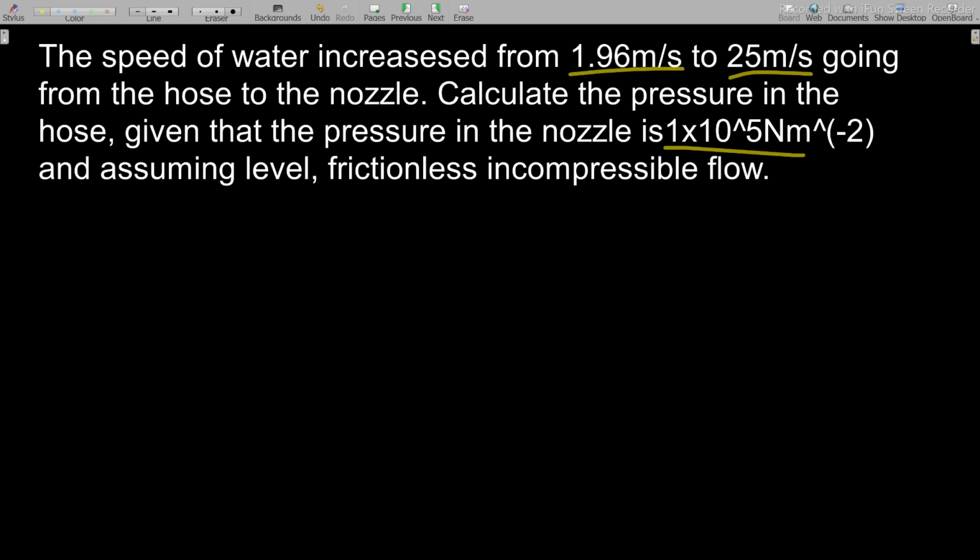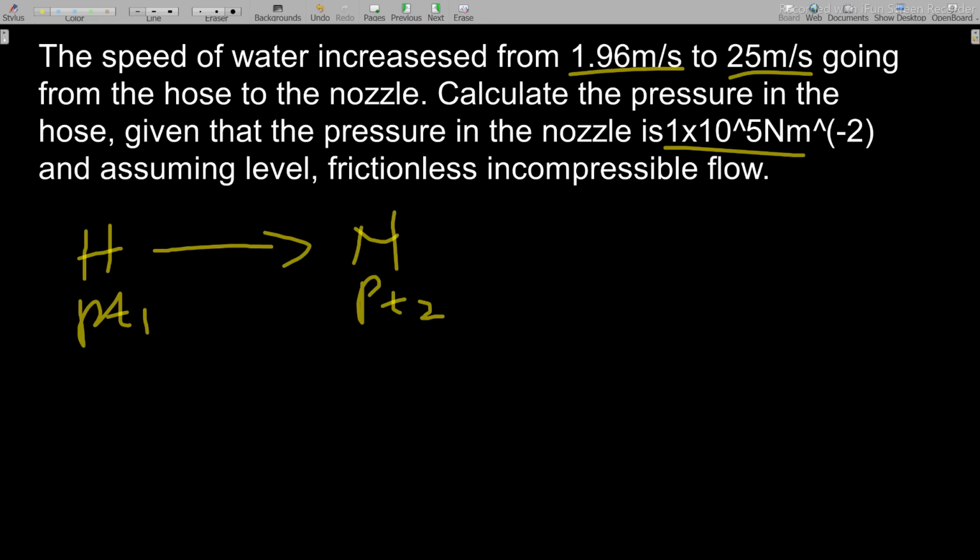Okay, so the water is flowing from the hose to the nozzle. Here is a hose, and it's flowing from hose to nozzle. Here is point 1, and here is point 2. So pressure at point 2, let's start with the numbers here.